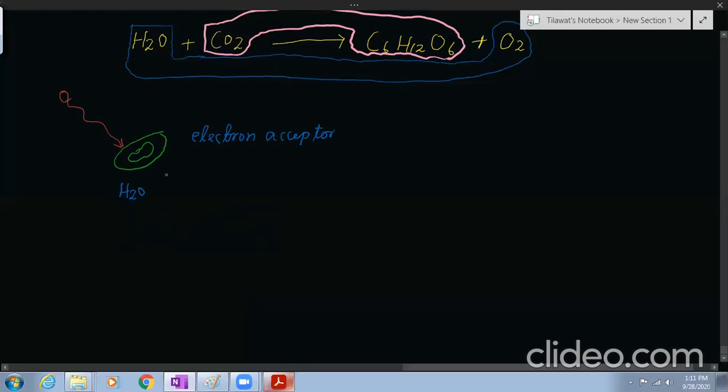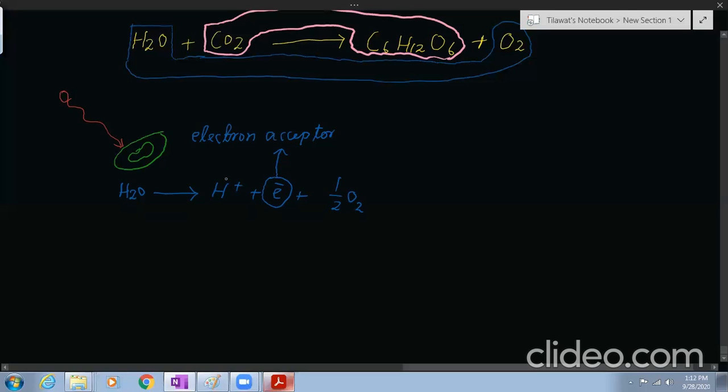What he found is that water is converted into hydrogen plus electron plus oxygen. Am I clear? This electron is accepted by the electron acceptor.